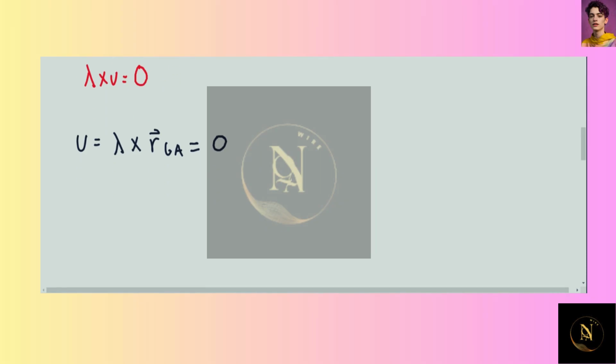So this proves that point G is on the fixed axis.